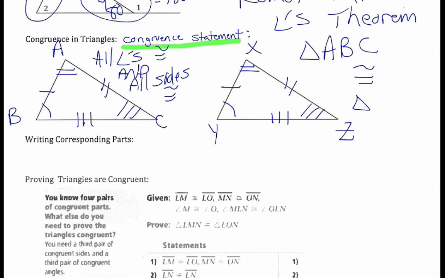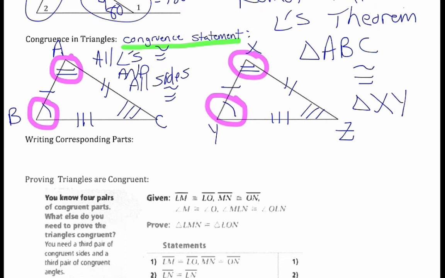I have to make sure I'm matching up the correct pieces. Angle A was the same as angle X, so I have to start my next triangle with X because that matches A. And then I went to B. Angle B matched angle Y, so that needs to be the next letter in my statement. And then finally angle C was the last letter, which matched angle Z, so that would be triangle XYZ.